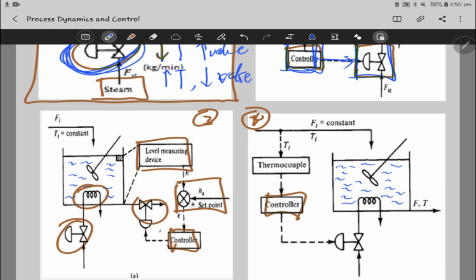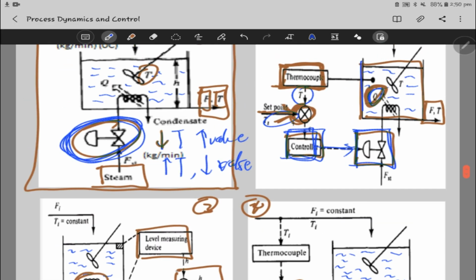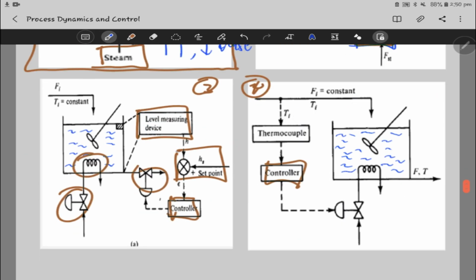Why? Because we go to the output. Here, this is the output, because we heat here, and the temperature in this one is the output. And in diagram 3, for instance, we do the heating here, and even the height of the fluid is a consequence of what's happening here.